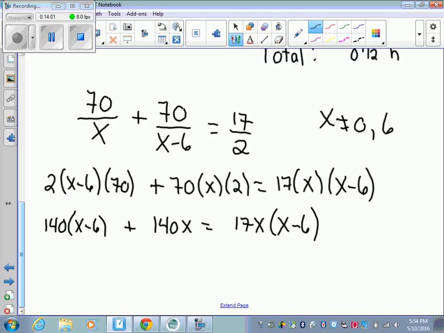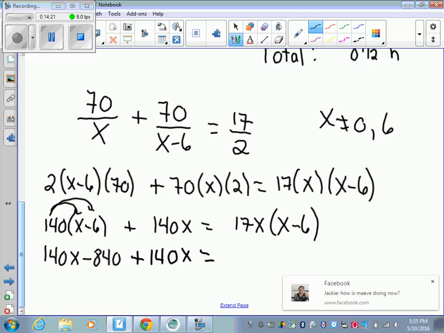So I'm going to use the distributive property here. 140x minus, and that's going to give me 840, plus 140x is 17x squared minus, and that's going to give me 60 and 42, 102x.